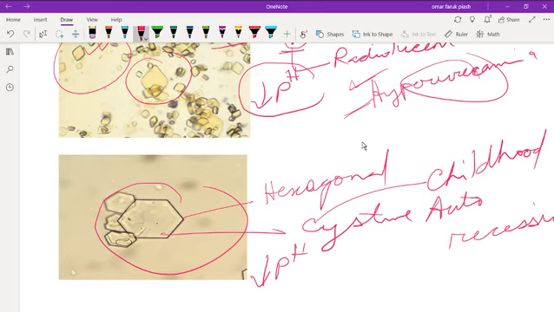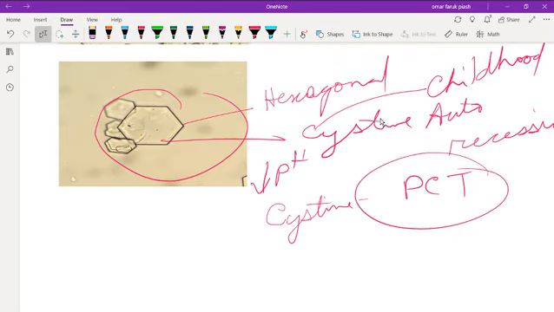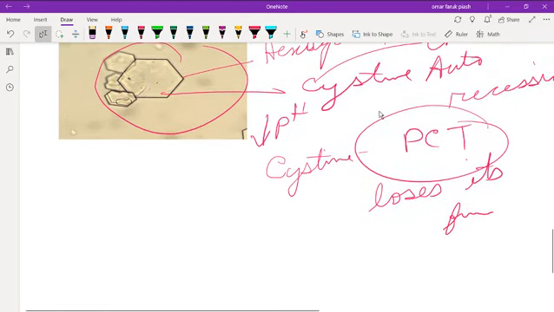In here the cystine reabsorbing PCT transporter loses its function, and there is a transportation defect that also results in ornithine loss. This is high yield.